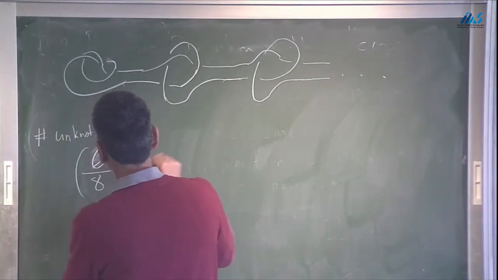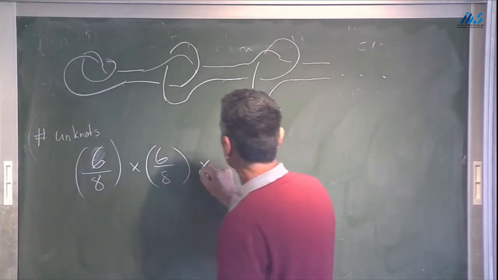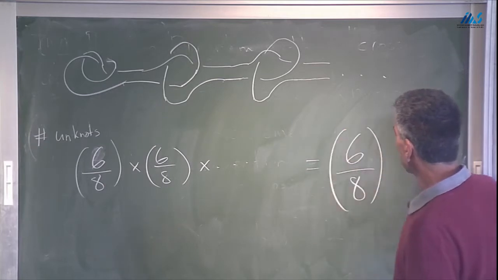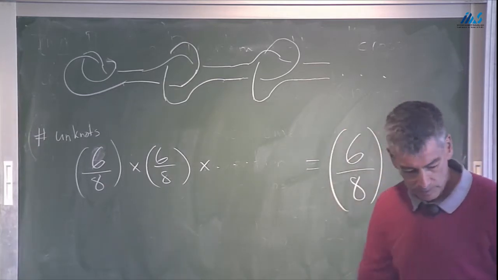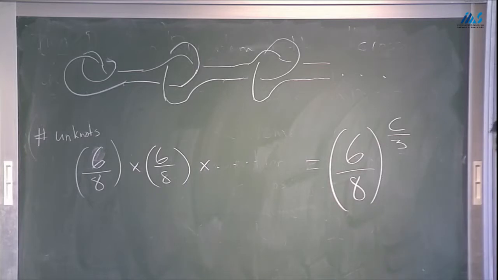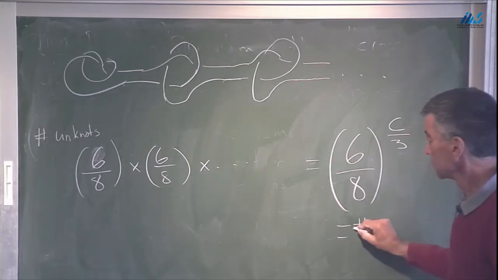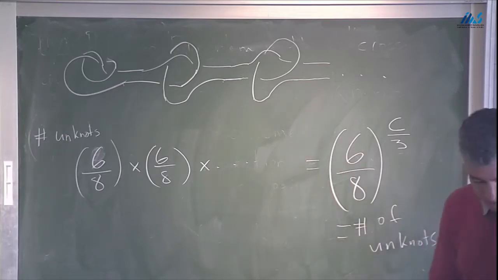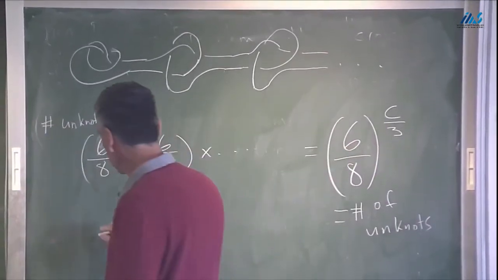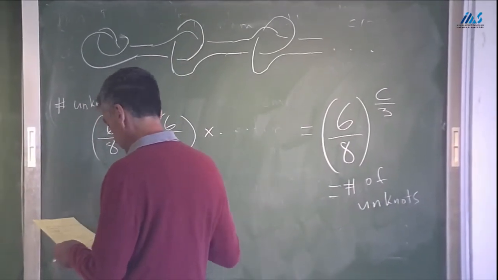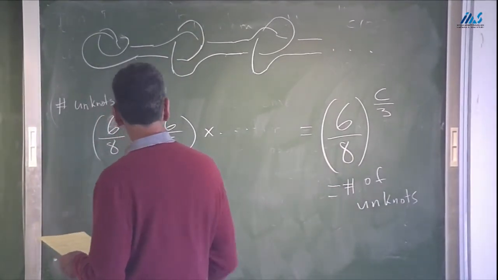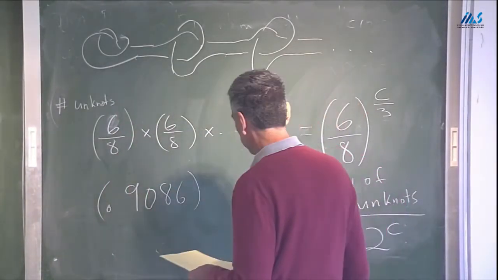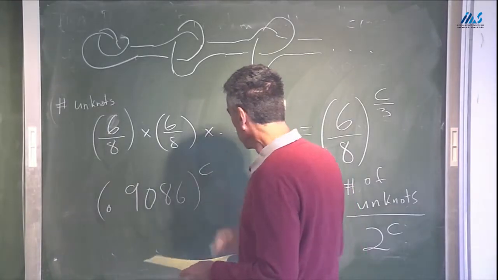So you get 6, 8 to the C over 3 is the number of unknots, which is roughly the number of unknots over 2 to the C. Yeah, so here you just proved a better theorem.